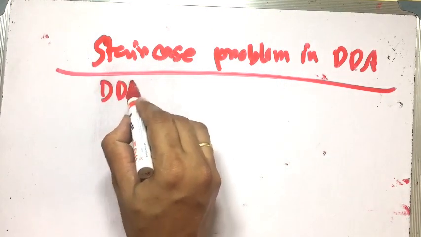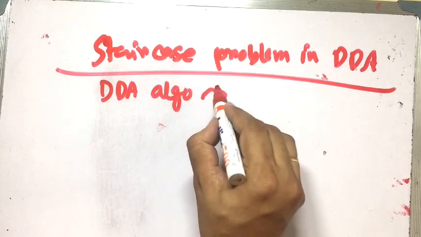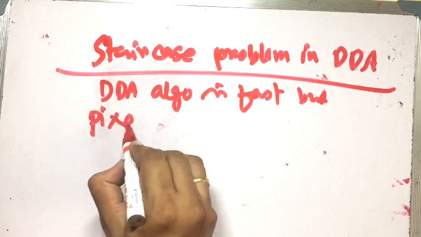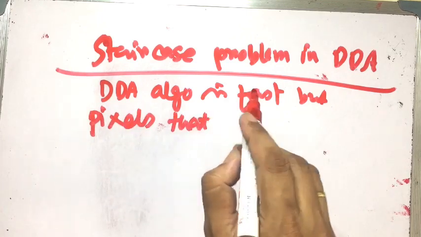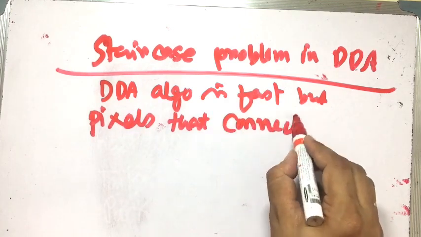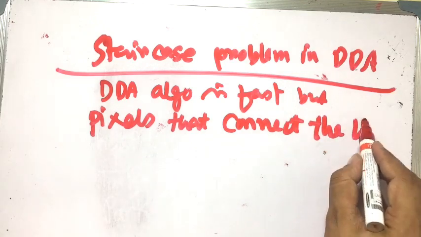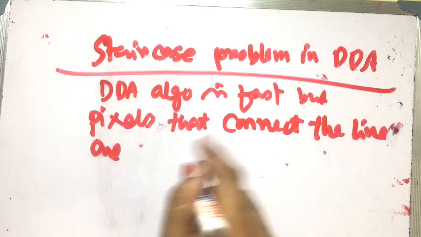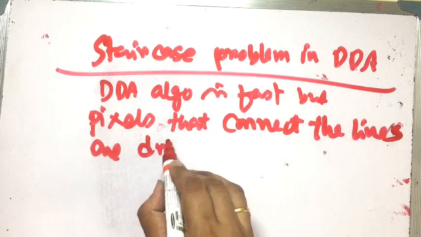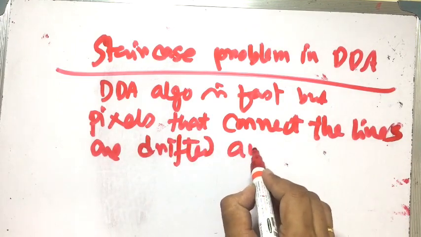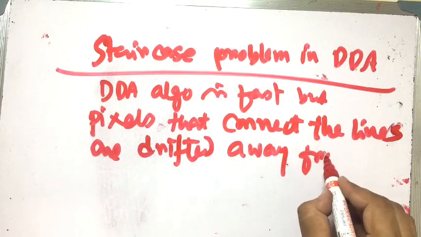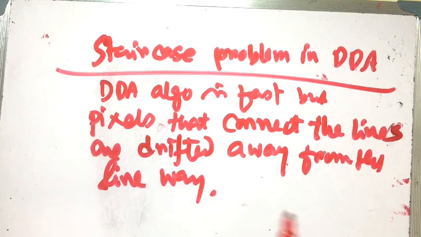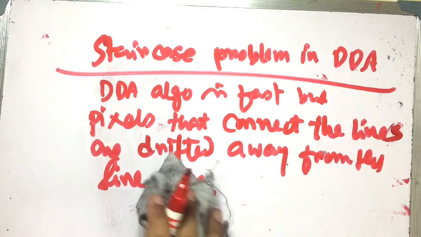The DDA algorithm is fast, but the pixels that connect the line are drifted away from the line path. This is the staircase problem, one of the problems in the DDA algorithm.